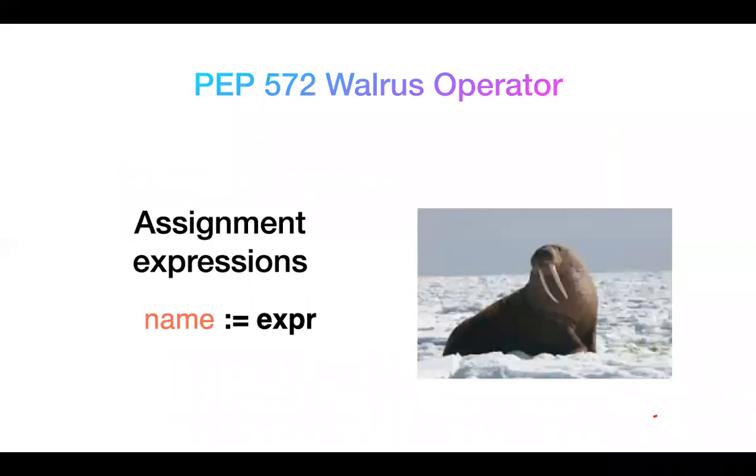So the first important one, you can see on my screen, is the operator called the Walrus operator. This Walrus operator was introduced only last year in the 3.8 version, which is a very new operator in Python. It is defined with colon equal to. You can see on my screen, this is nothing but an assignment expression.